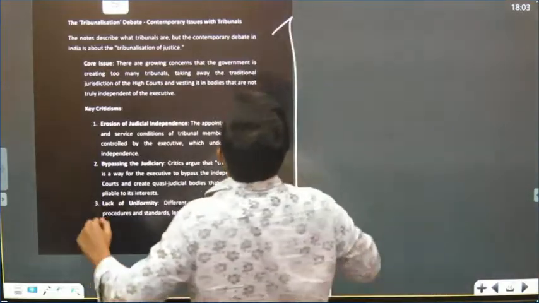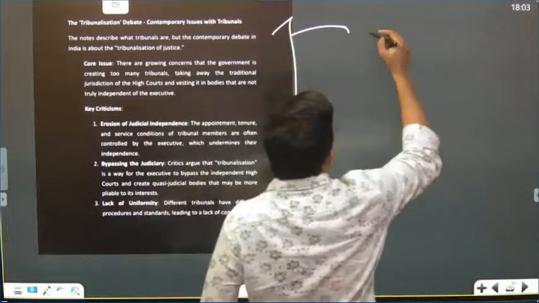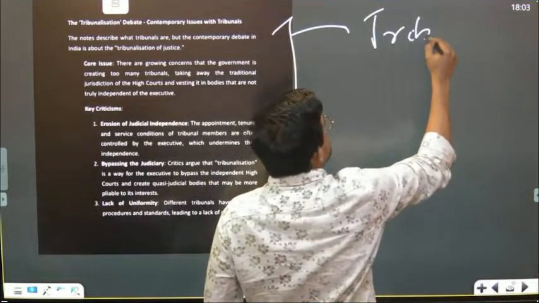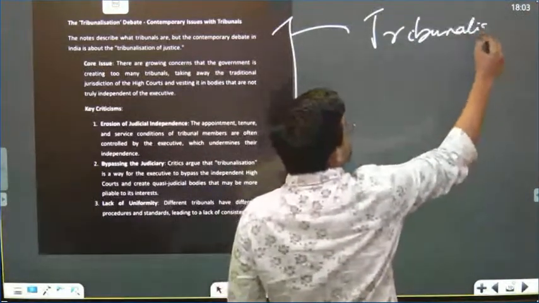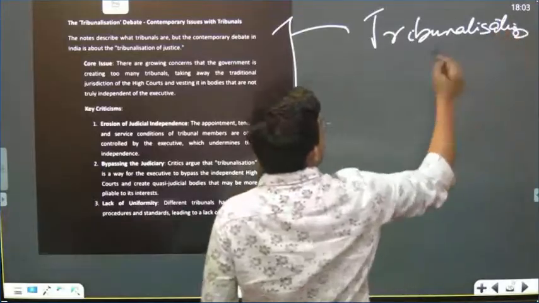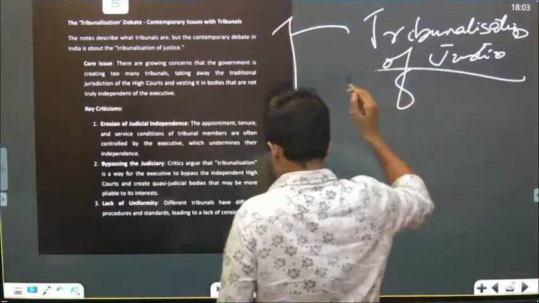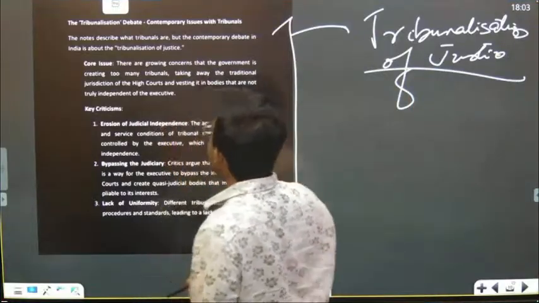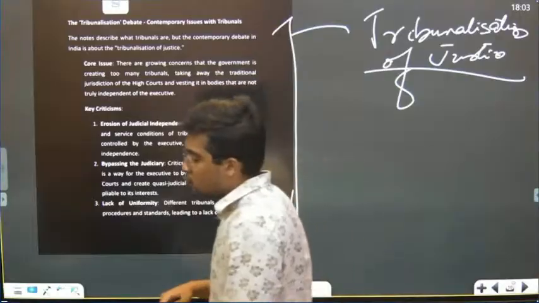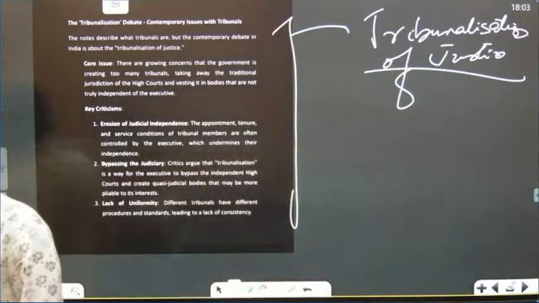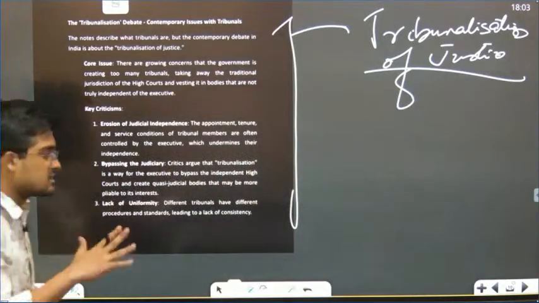Tribunalization of justice. Now, this is a direct question that is asked. Whenever too many tribunals are created, for every different sector there is a tribunal.